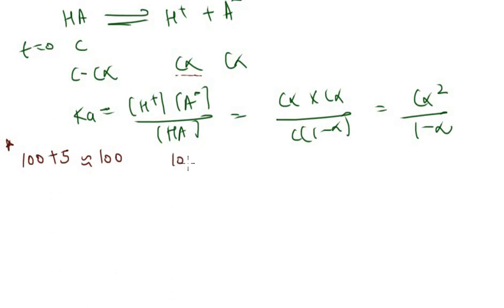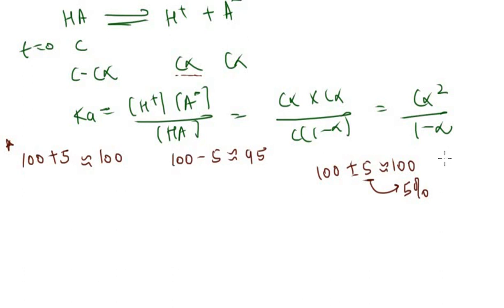Like if we are subtracting 5, we can say 95. So we can ignore plus or minus 5 with respect to 100. That means we can accept a 5% change. It can be neglected while adding or subtracting, not while multiplying or dividing.